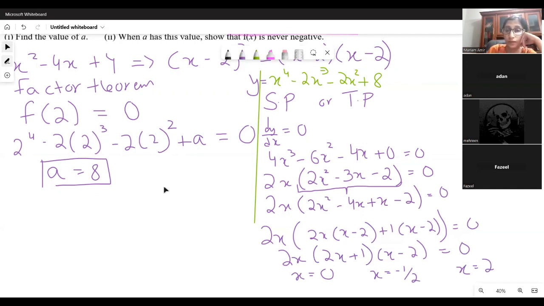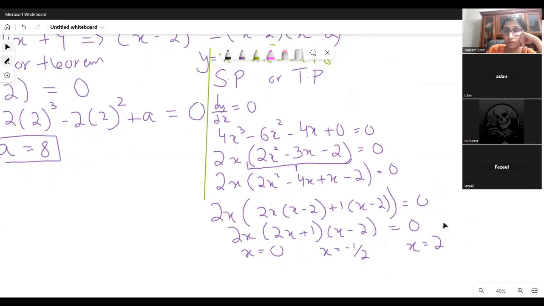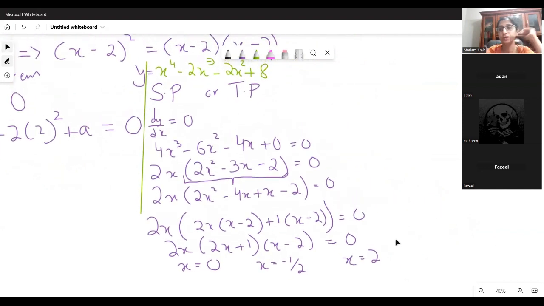अब इनके respective y's check करने हैं so that you can ensure that all the 3 y's of the 3 turning points are above the x-axis. Hence, that means that the graph never crosses the x-axis, so it can never be negative.